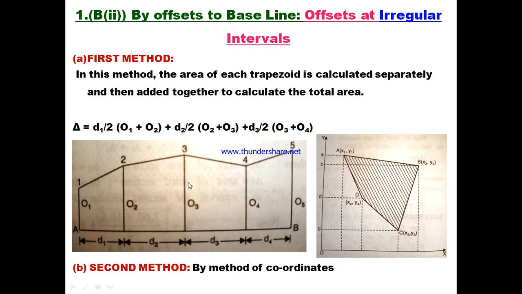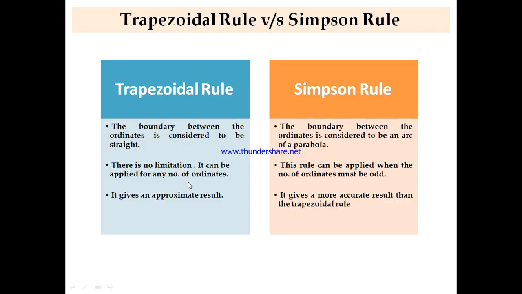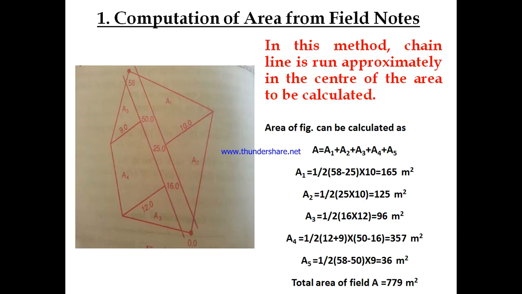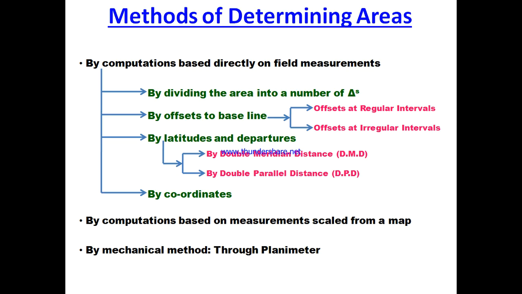Now, till now in this lecture, what have we covered? We have covered the first two methods: dividing the area into a number of triangles, and offsets to the baseline, where if the offsets are at regular intervals, how to calculate the area, and if the offsets are at irregular intervals, how we will calculate the area.